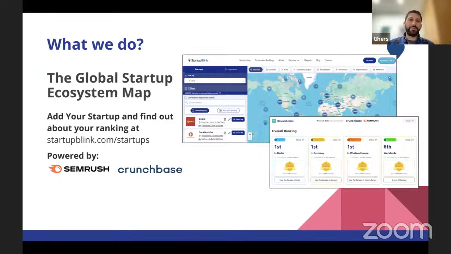So, StartupBlink, what do we do? StartupBlink is a global research center studying the innovation ecosystem. We provide services to clients around the world, but we have a few free products. The first that I will mention, and that you might have seen at startupblink.com, is the Global Startup Ecosystem Map.